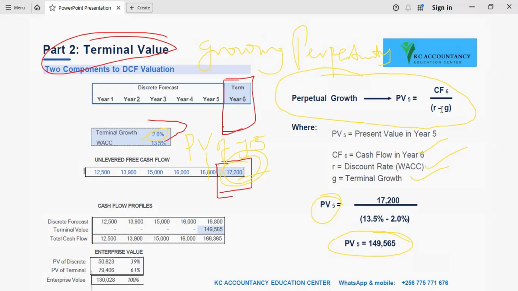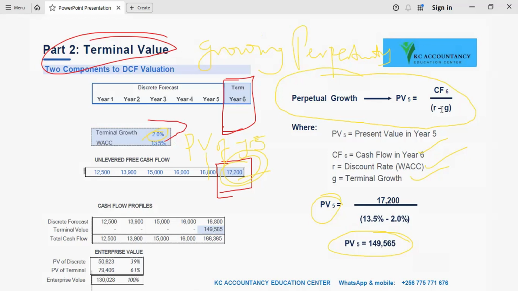So we divided 17,200 by 13.5% minus 2%, and it gave us a value of $149,565.